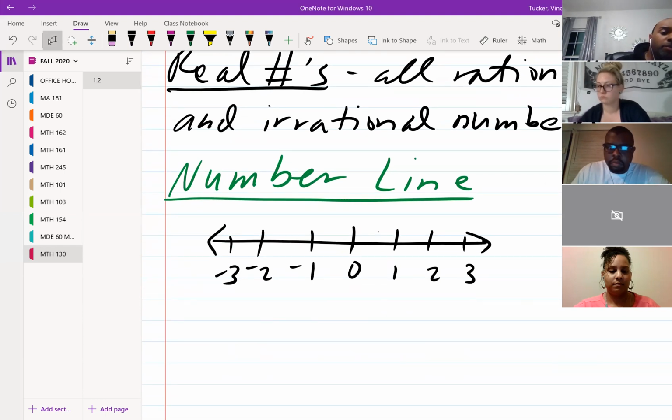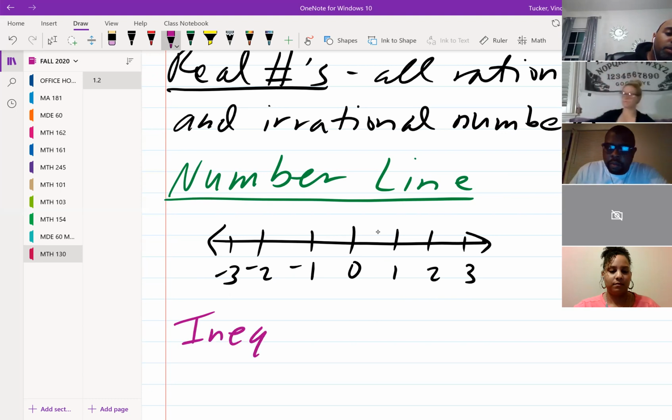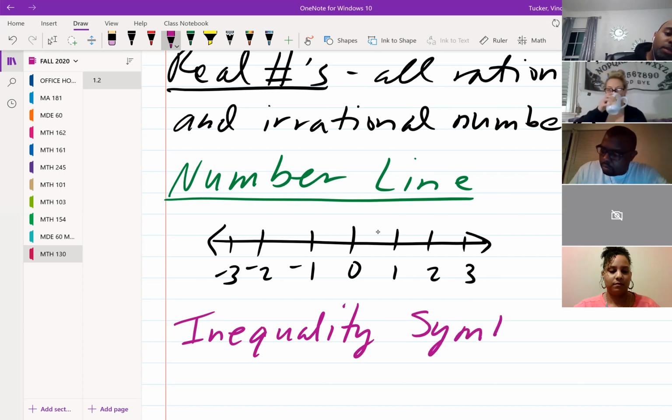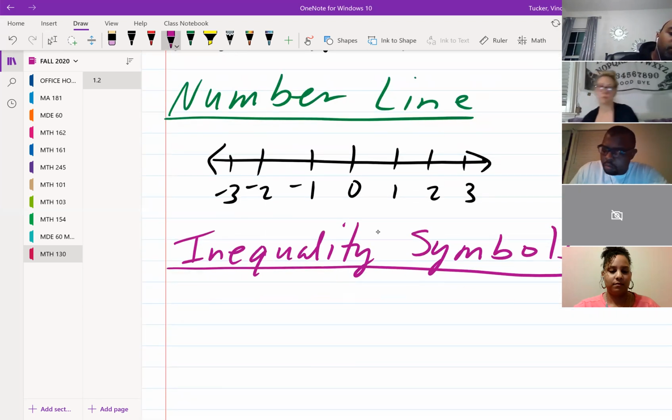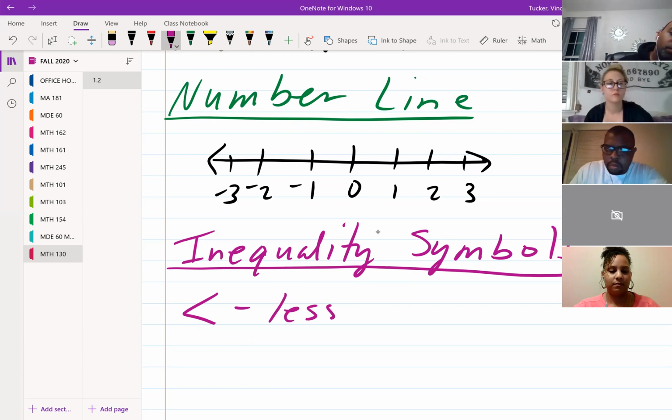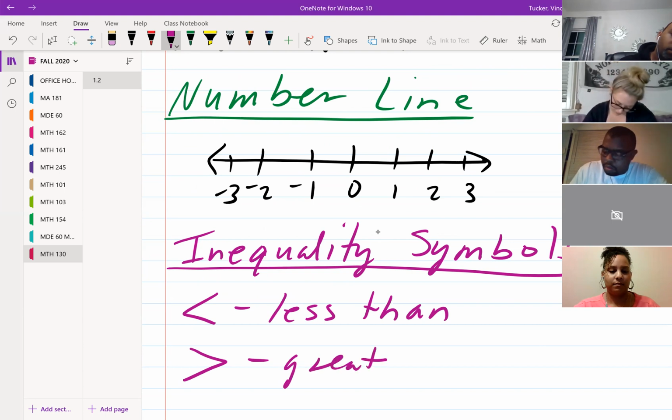And we will do comparison with our inequality symbols. I think that's the only ones we're using in this section.